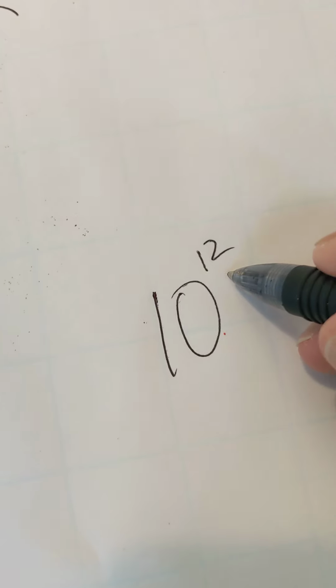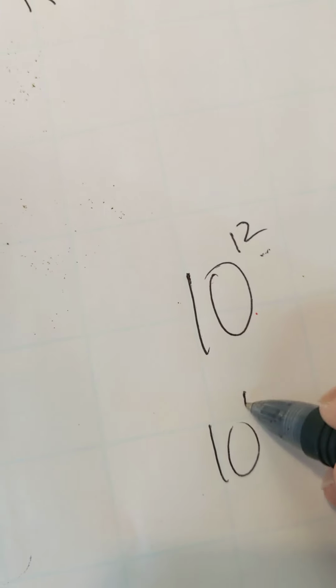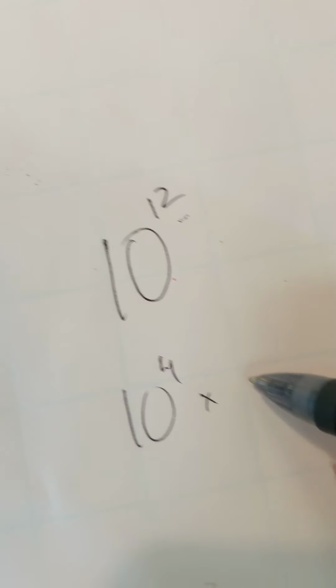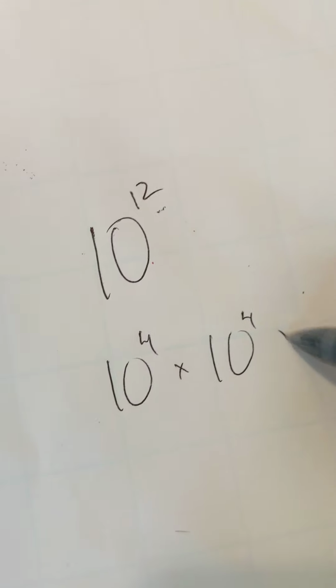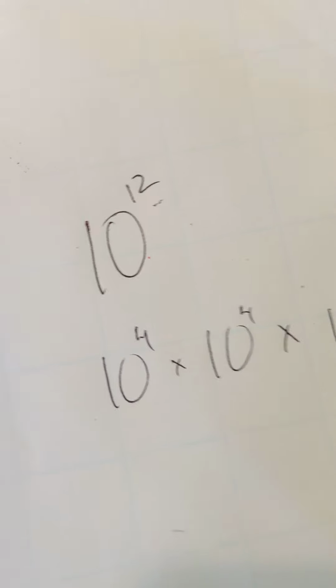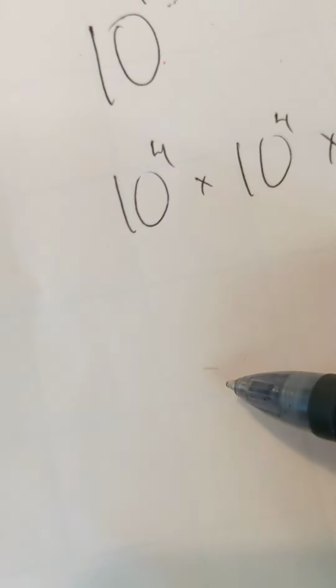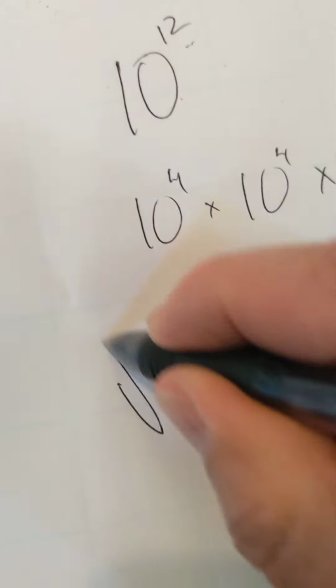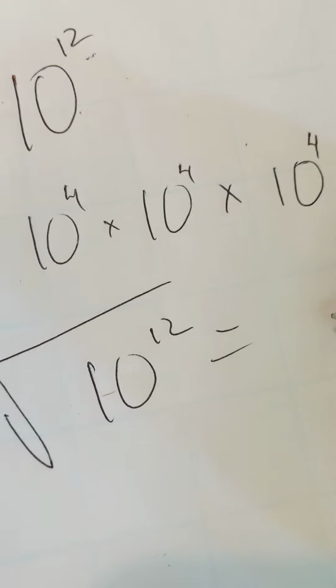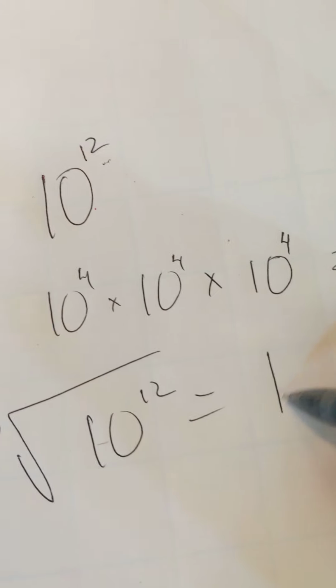Well, I need to cube root the 10 to the 12th. If I don't have the magic yellow calculator, I can just think of how many times this thing gets multiplied by itself. So it's 10 to the 4th times 10 to the 4th times 10 to the 4th. That's going to be 10 to the 12th. So the cube root of 10 to the 12th equals 10 to the 4th.